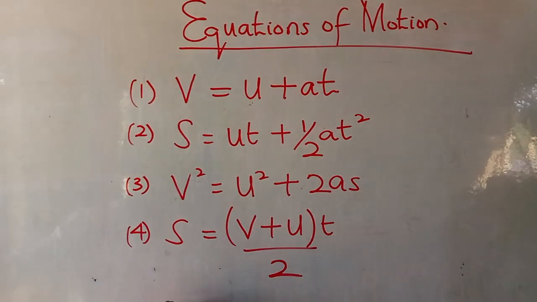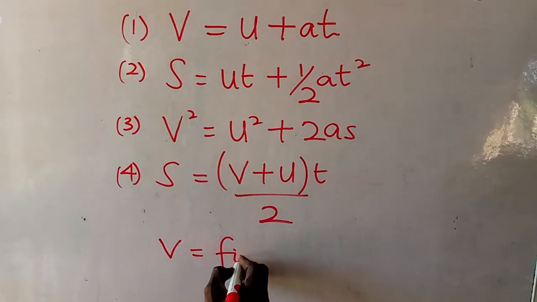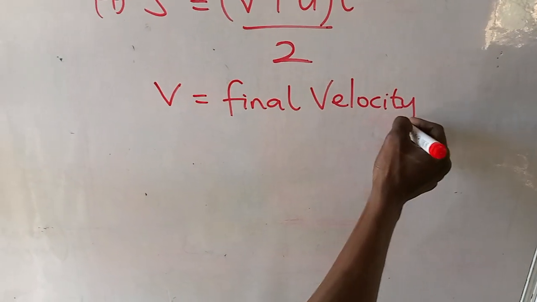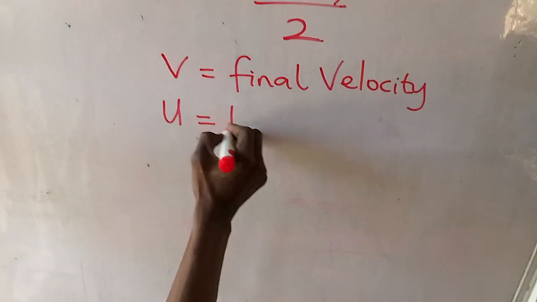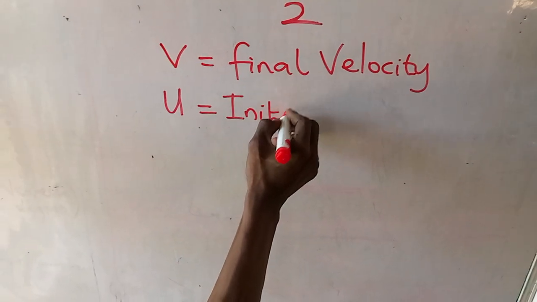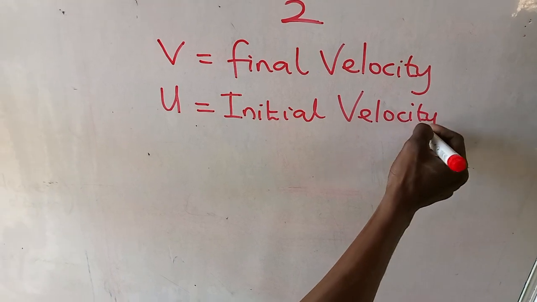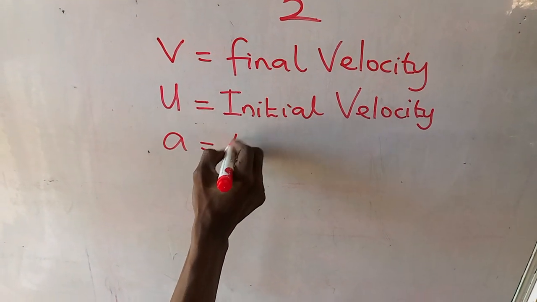And again, V is the final velocity. U is the initial velocity. A is the acceleration.